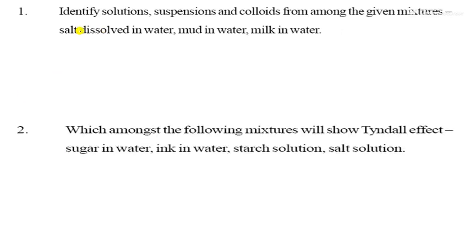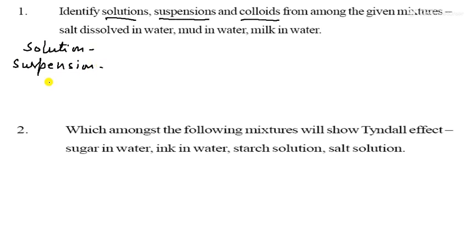Now identify solution, suspension and colloid from among the given mixtures. So you can write here: first solution, second suspension, and third colloid. The first one is salt dissolved in water.